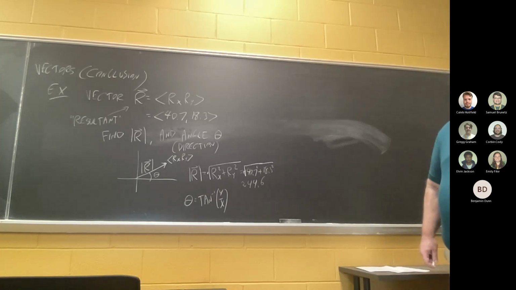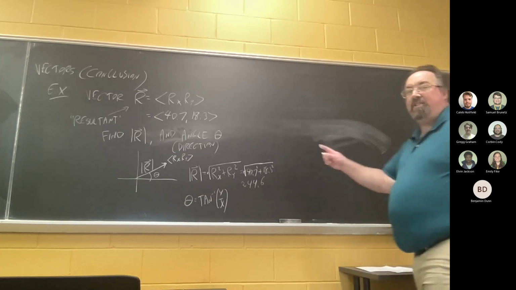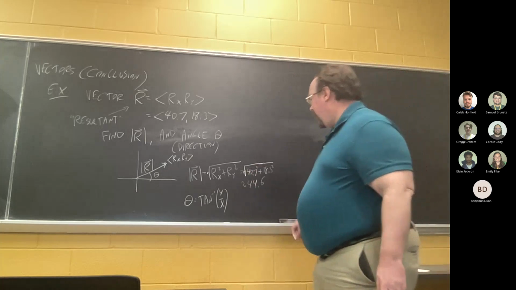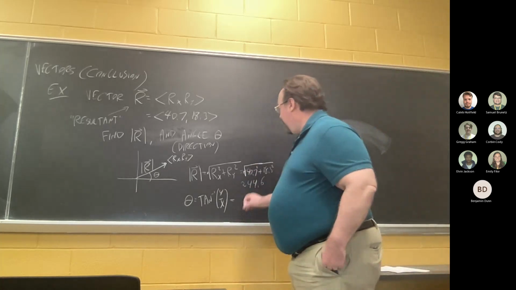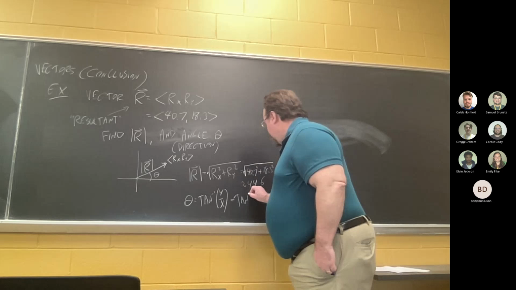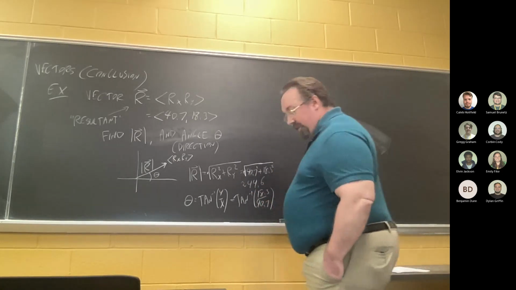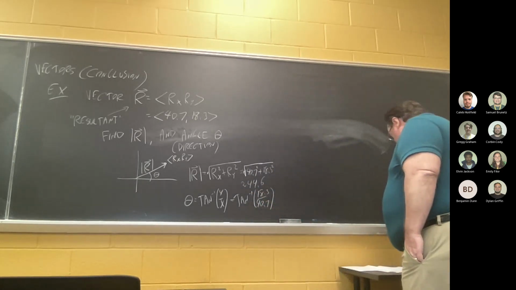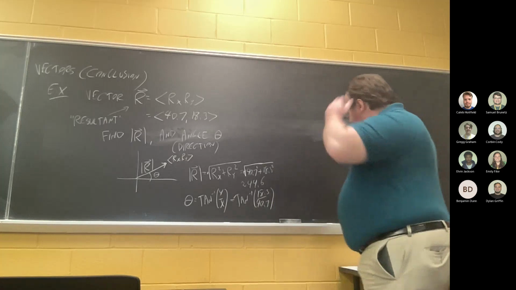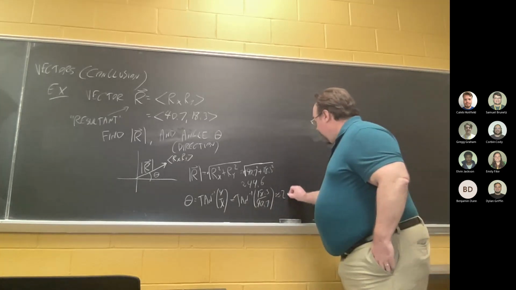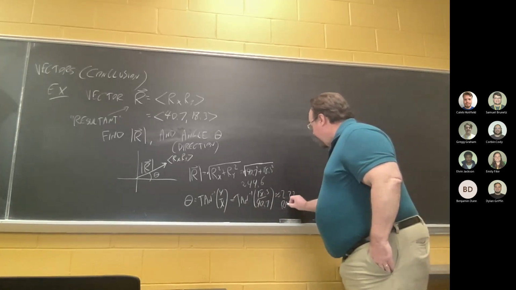They're all positive, and the main thing is x is positive. X being positive alone is enough. So it's arctangent of 18.3 over 40.7. Make sure the y goes on top in your fraction.